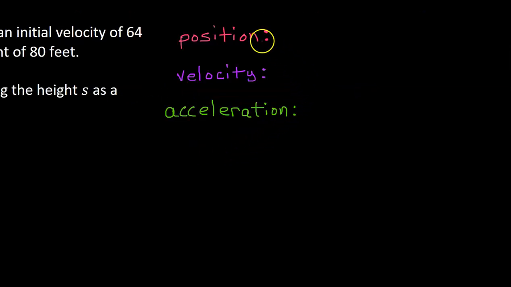Before we go on, we need to take a moment to review the relationship between position, velocity, and acceleration. Given a position function, s at t, the velocity function will be s prime at t, and the acceleration function will be s double prime at t.